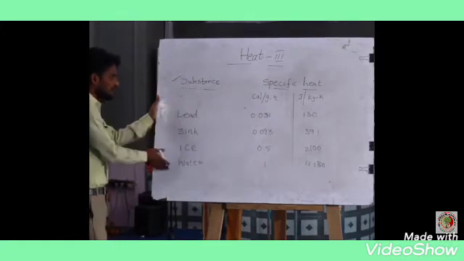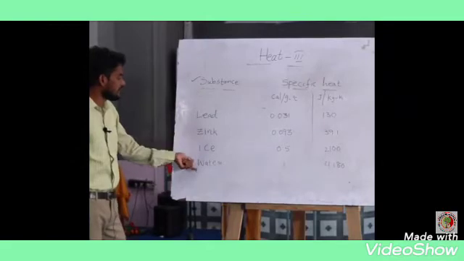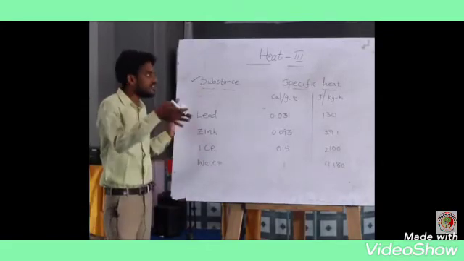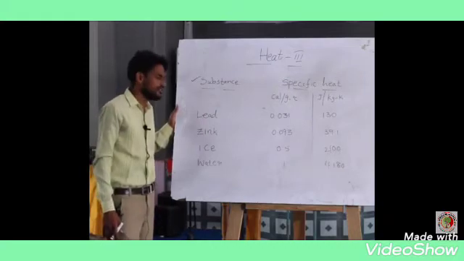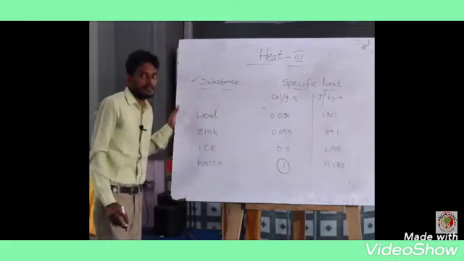If you observe these four substances, whether it may be lead, zinc, ice, water, these are containing different specific heat values. Obviously, you know well what has the highest specific heat.